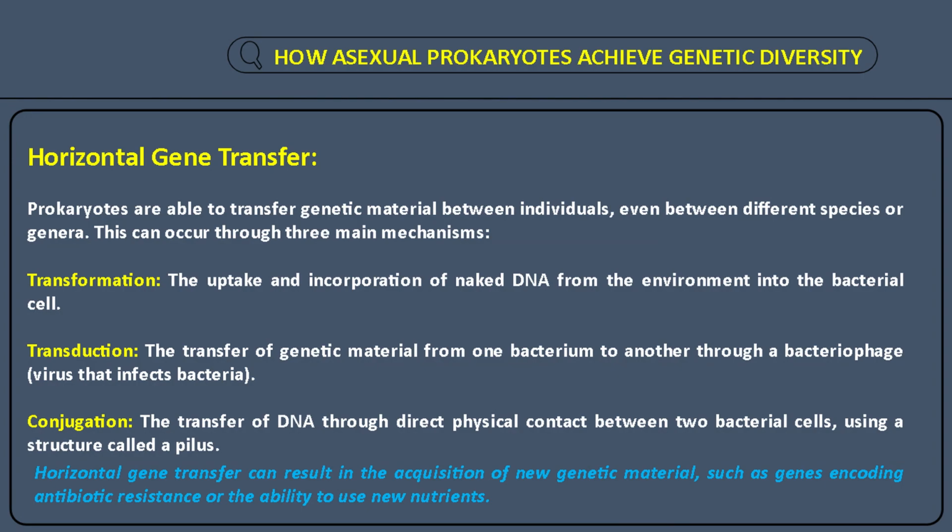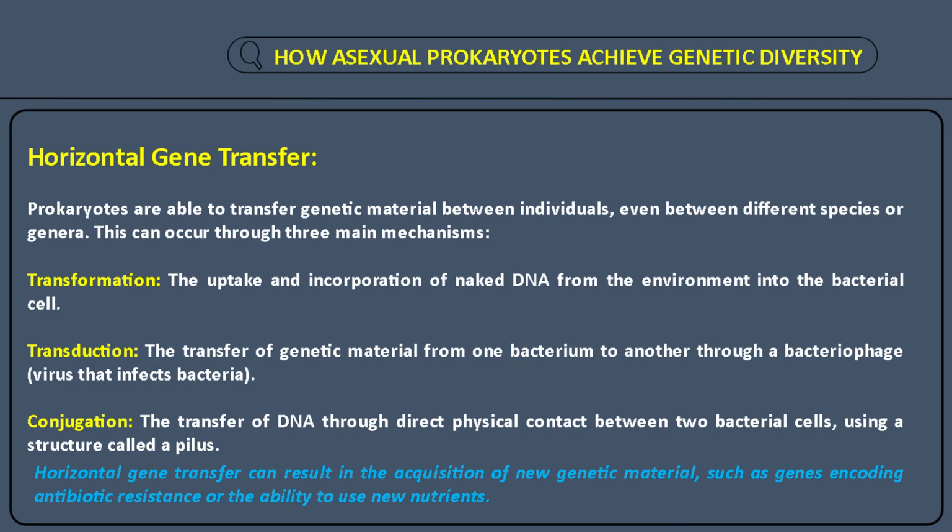Just to sum it up, horizontal gene transfer can have important evolutionary consequences, as it allows organisms to acquire new traits and adapt to a changing environment more quickly than through traditional mechanisms of genetic variation and natural selection.